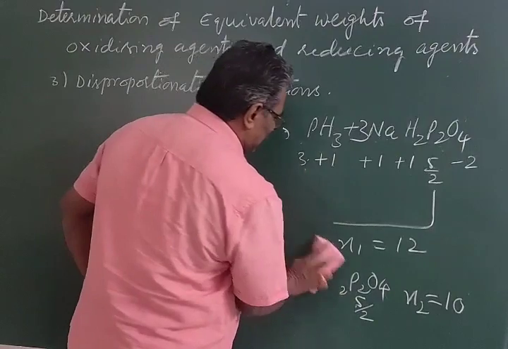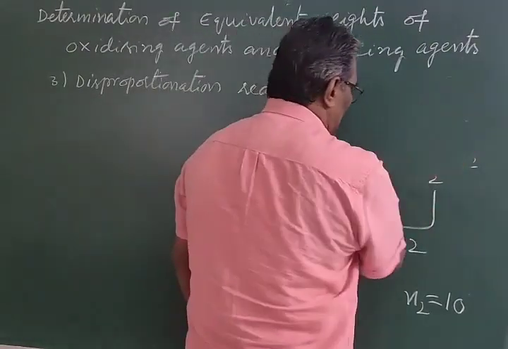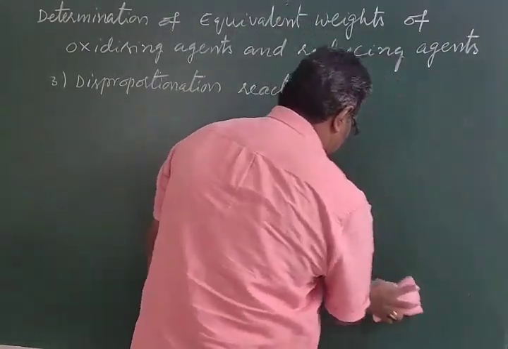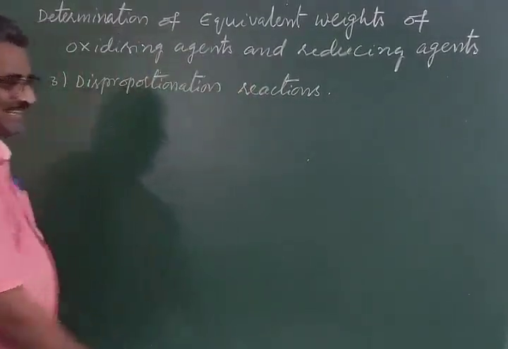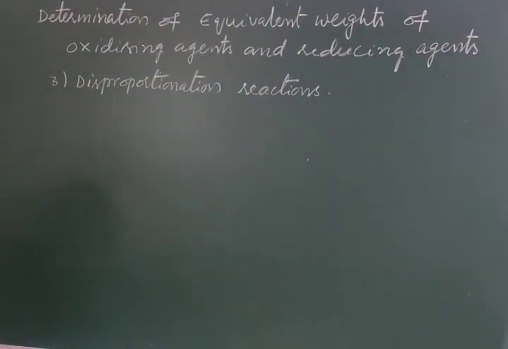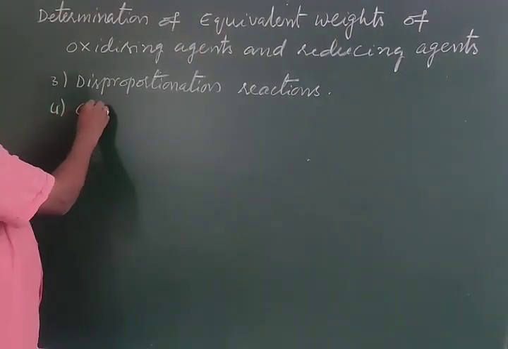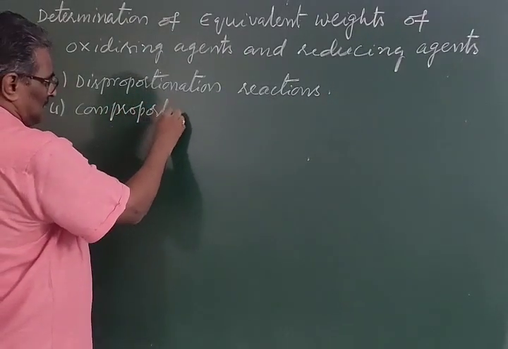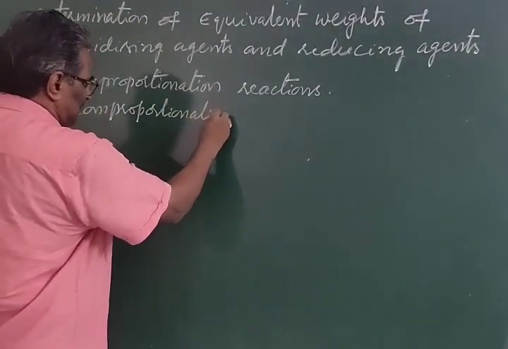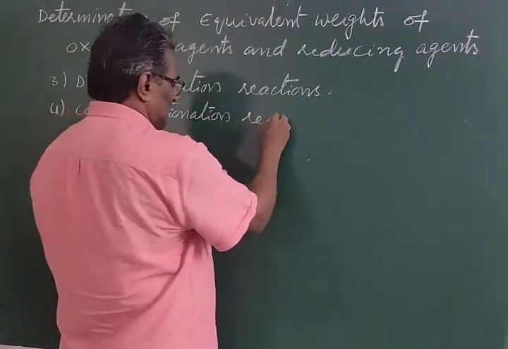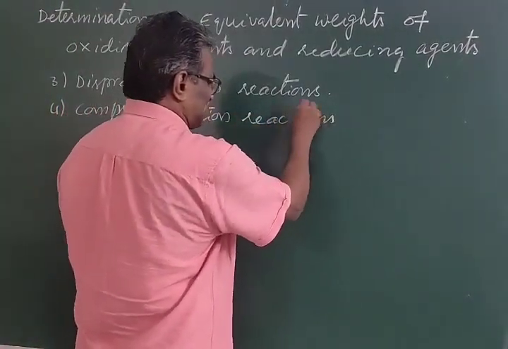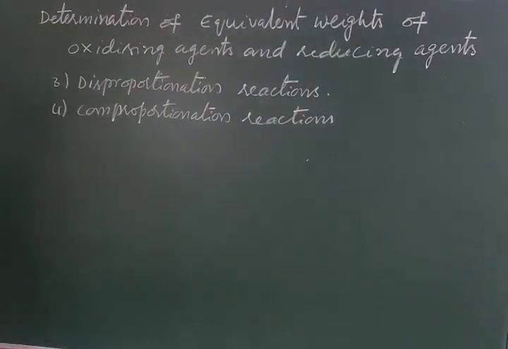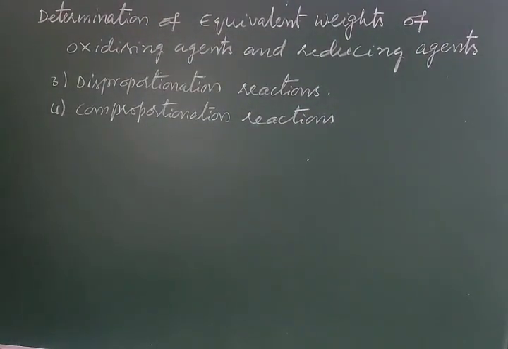Okay? There is another kind of redox reaction known as the comproportionation reaction. The comproportionation reaction is also an intermolecular redox reaction, just like normal redox reactions. Actually, comproportionation reactions are opposite to disproportionation reactions.